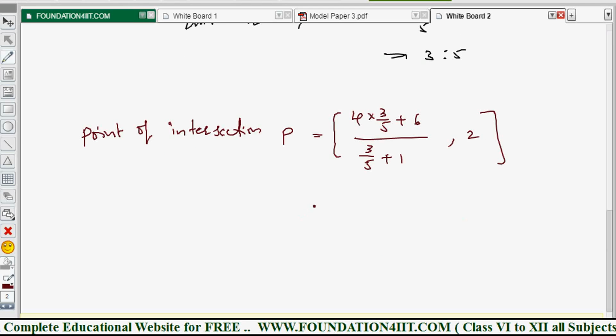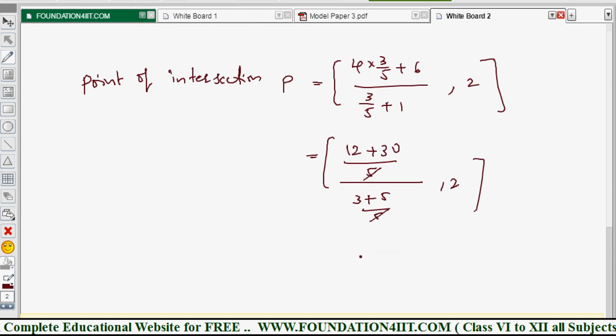Then if we simplify this, 4 times 3 is 12, so 12 plus 30 by 5, over 3 plus 5 by 5, comma 2. Just cancel this. Then 42 by 8, comma 2.